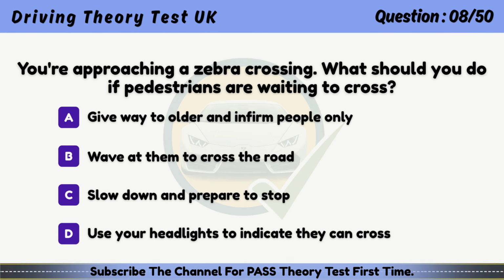Question 8. You're approaching a zebra crossing. What should you do if pedestrians are waiting to cross? Option A. Give way to older and infirm people only. B. Wave at them to cross the road. C. Slow down and prepare to stop. D. Use your headlights to indicate they can cross.